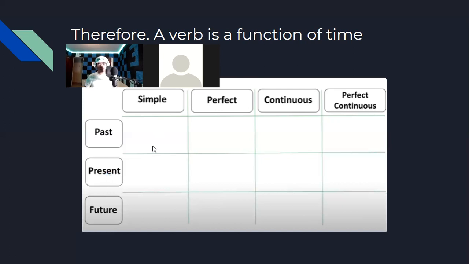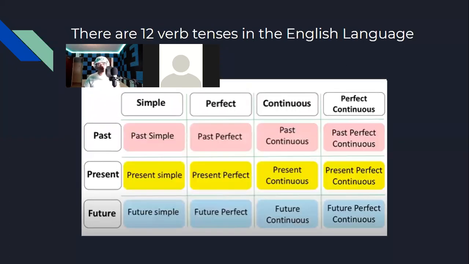So you combine each of the three things that are a function of time, past, present, and future, with the 4 different modes in which the action is taking place, and you get these combinations. There are 12 verb tenses in the English language. This is very good because this makes English less complicated than other languages that have a whole bunch of verb tenses.